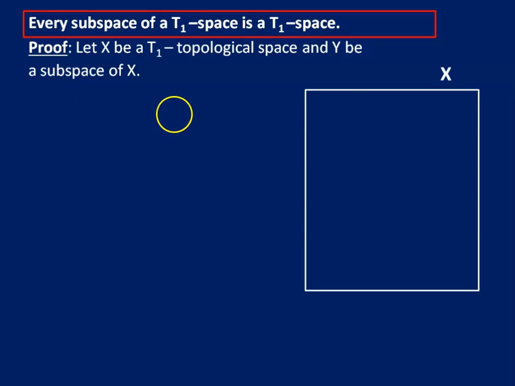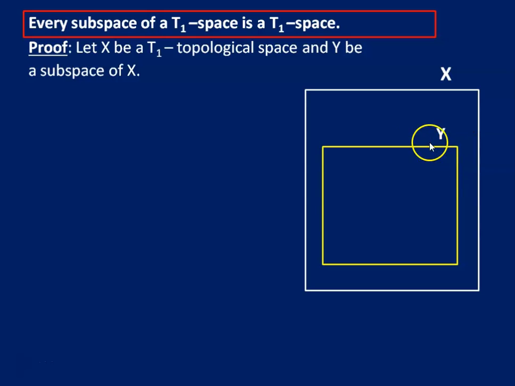Here we have the space X, which is a T1 topological space, and let us take a subset of this, Y. We have to prove that the subspace Y is a T1 topological space.